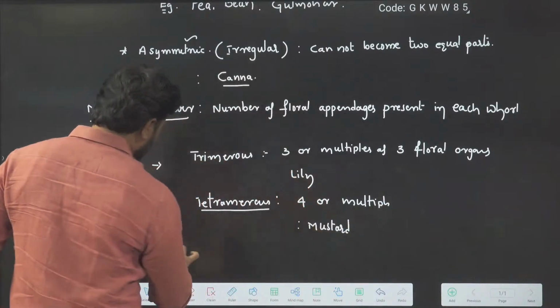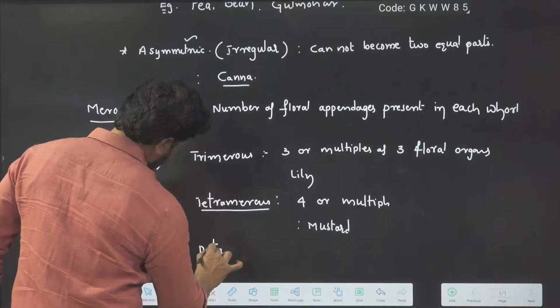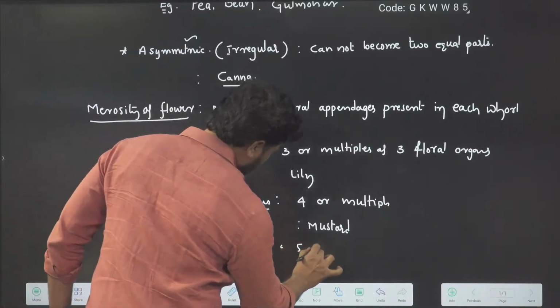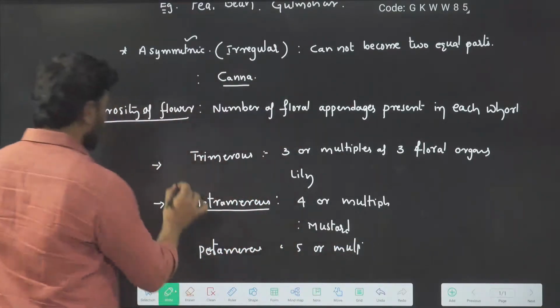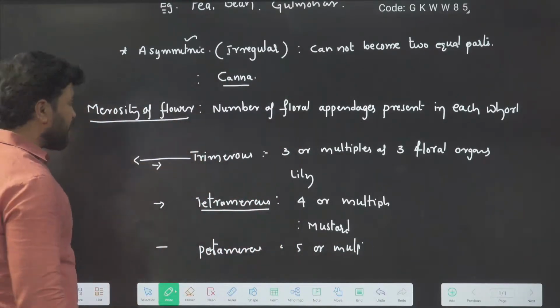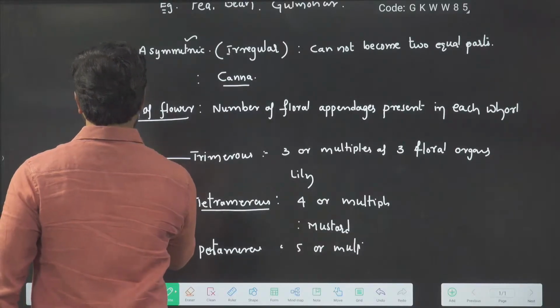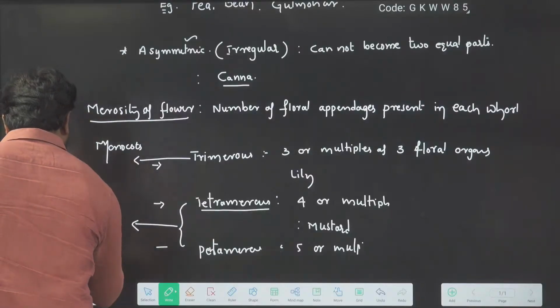Next, pentamerous. In this pentamerous, 5 or multiples of 5. One thing, trimerous flower is a characteristic feature of monocots. Important. And tetramerous and pentamerous are characteristic features of dicots.